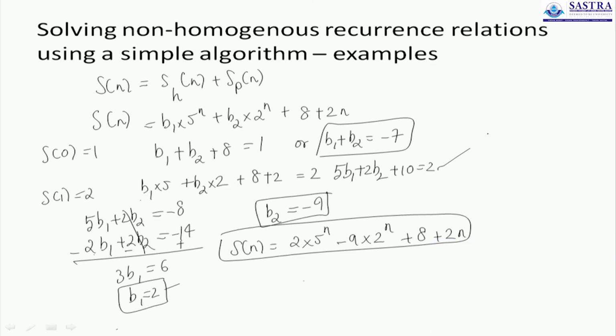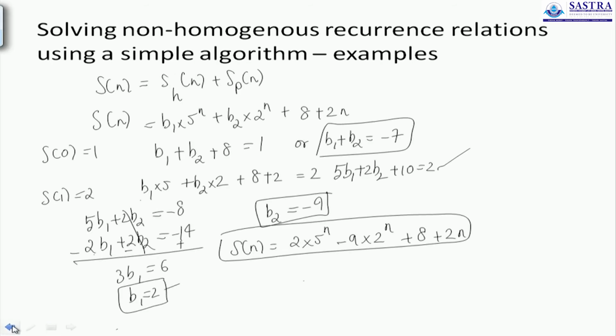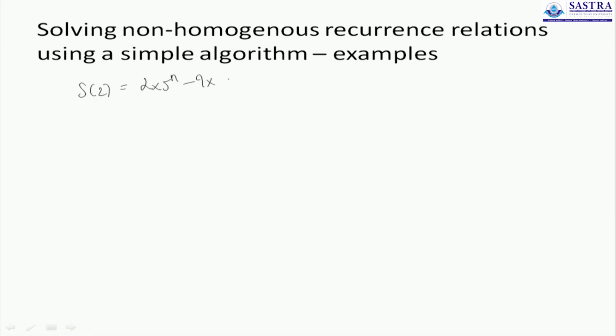Now let us try and check the answer. Let us find S of 2 in two different ways. It is 2 times 5 power n minus 9 times 2 power n plus 8 plus 2n.